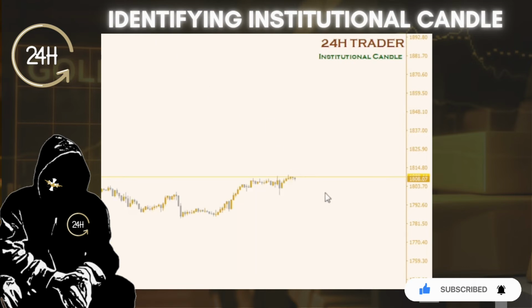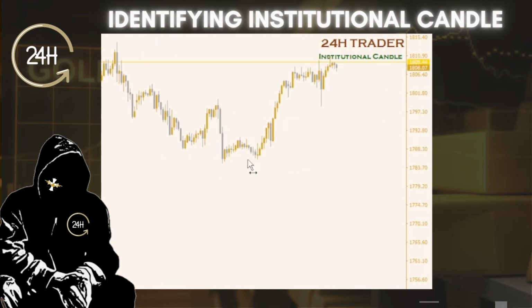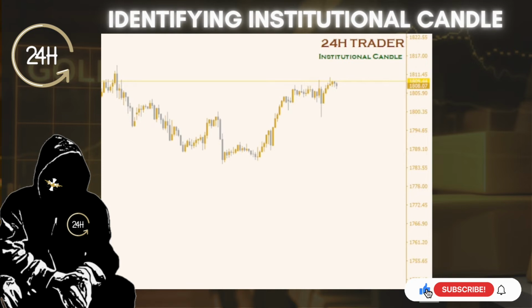So I'm pretty sure that the market will pick this area again somewhere in the future. Probably when the market has already picked the upper institutional candle, then it will fall further down to pick up this institutional candle. Okay, so that is the institutional candle.